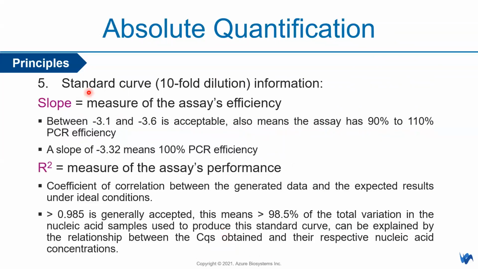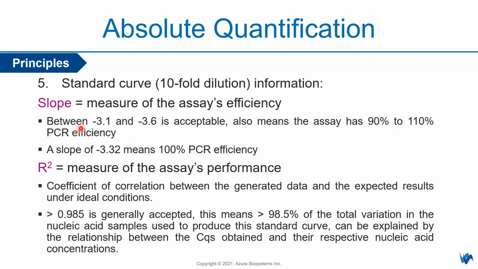Right, so in the standard curve, the information that you need to check is the slope and also the R square value. Here we're using the tenfold dilution standard curve to show what slope or R square value you should expect. Slope means the slope of the line, the linear regression itself, how slanted it is. You will always get the slope in the linear equation that you plotted from the standard curve.